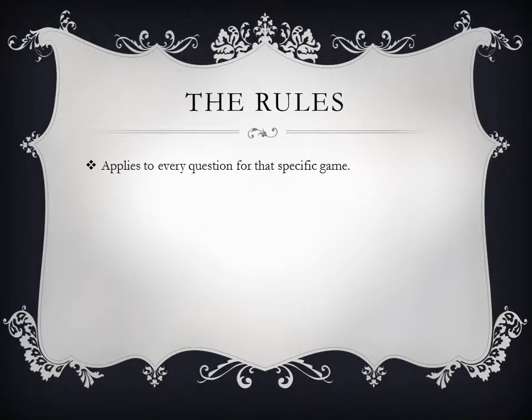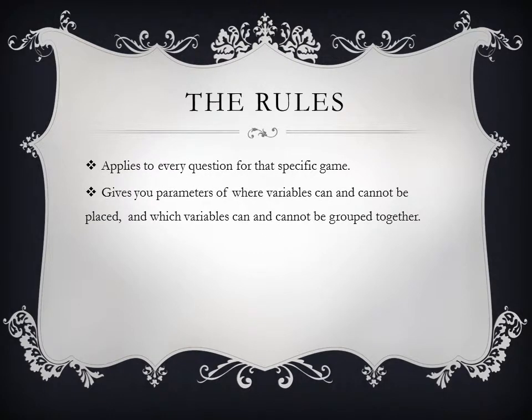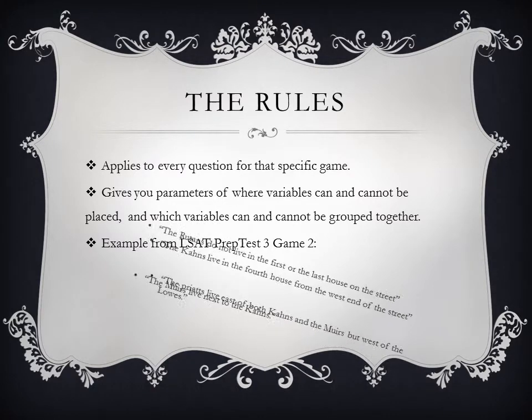Next are the rules. And the rules apply to every question for that specific game. They give you parameters that are even more in depth. They tell you where variables can and cannot be placed, and which variables can and cannot be grouped together. Here is an example from the same prep test.